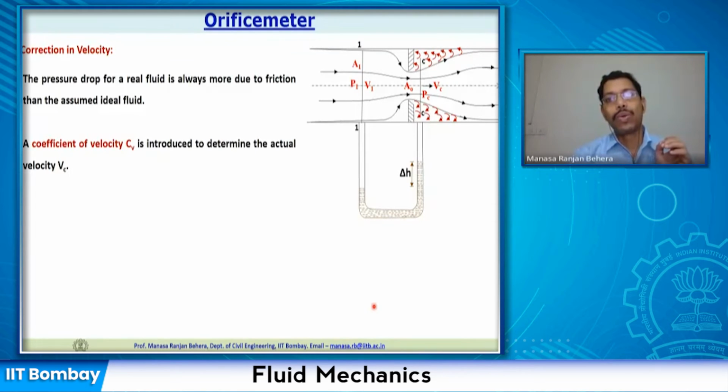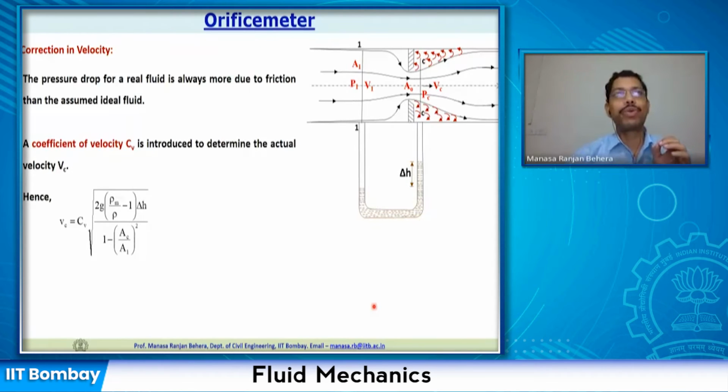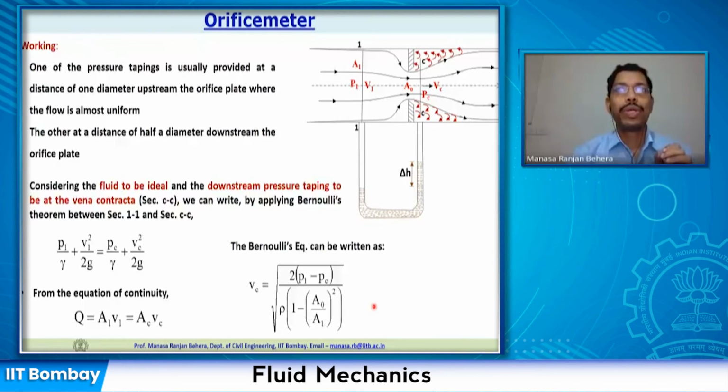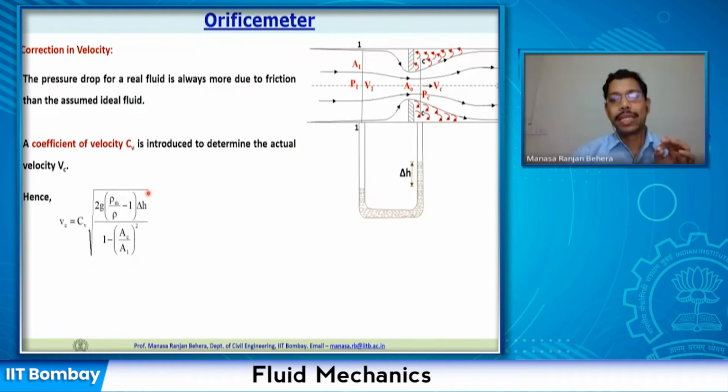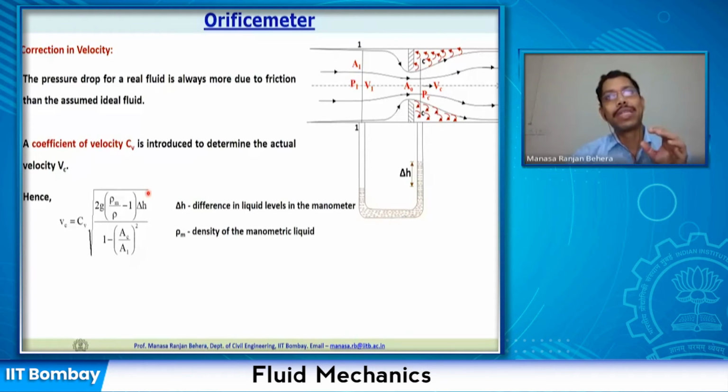Okay. Now we can write down that Vc is equal to, we already wrote V2, or in the previous slide we wrote Vc here. So in the next slide, if you see, the Vc is corrected, that is Cv multiplied by this term. Okay. So now the Vc is obtained, and here delta H is the difference in the liquid levels in the manometer, and rho m is the density of the manometric liquid.